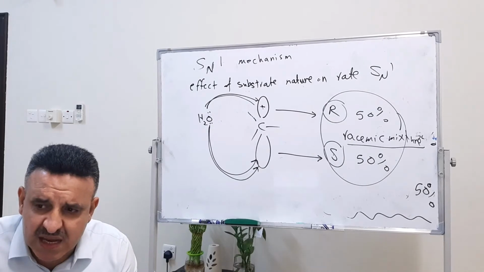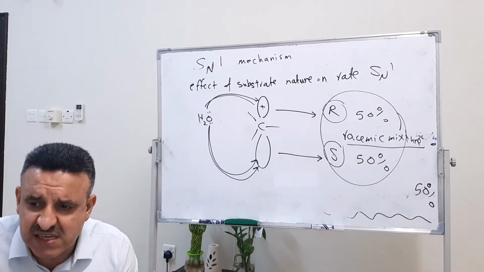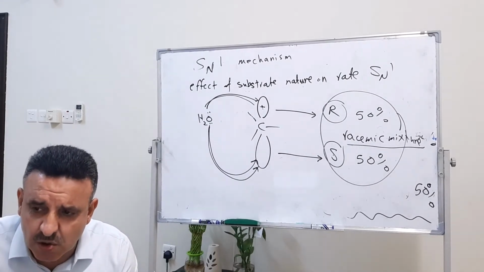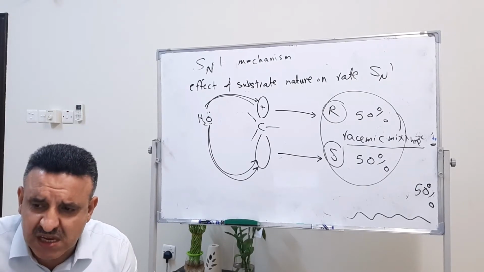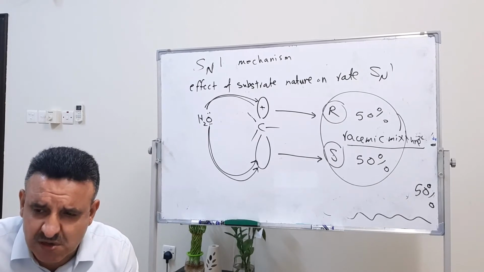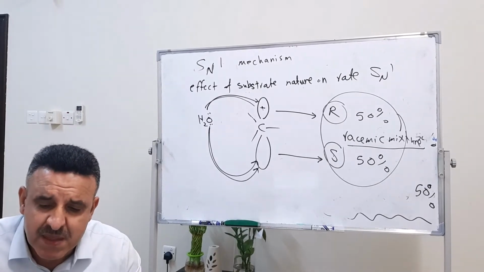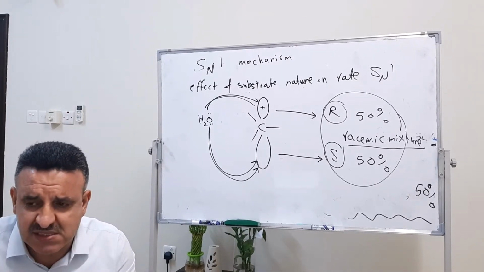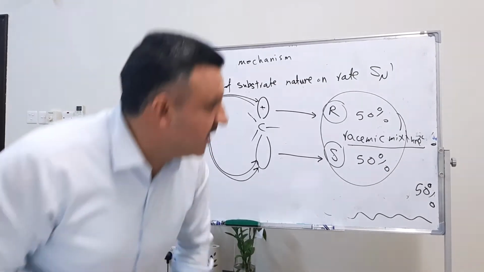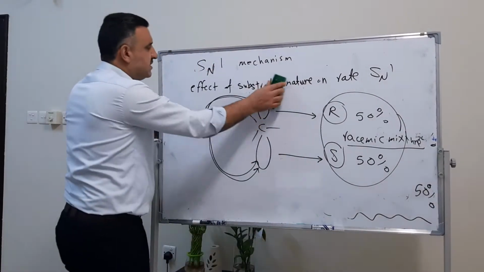Benzylic and allylic have approximately the same stability as secondary, although, as you can see, this is a primary and this is a primary. Although these two types of carbocation are primary, they have approximately the same stability as secondary. Why is that?